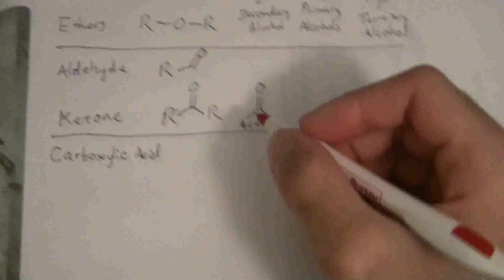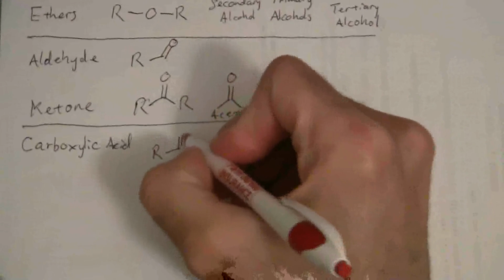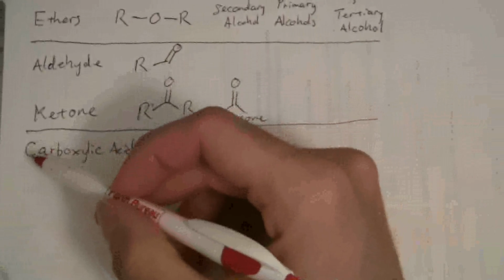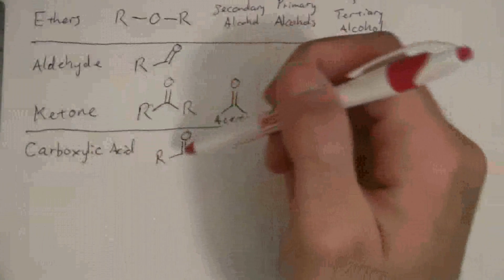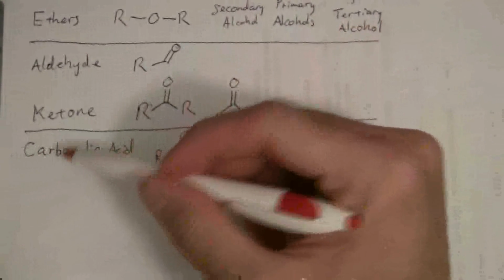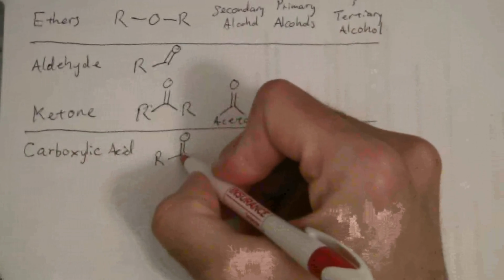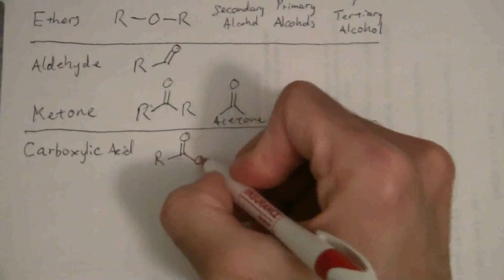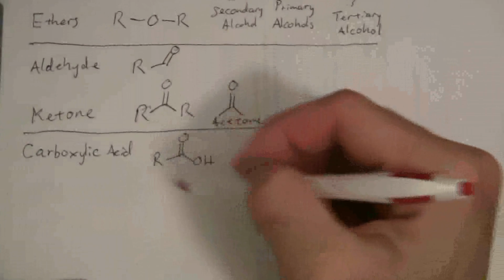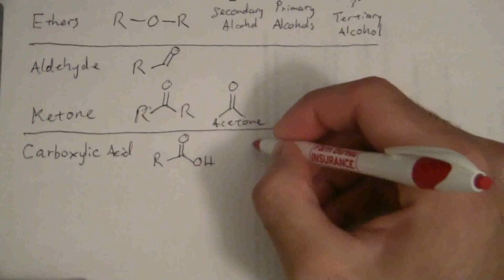And the carboxylic acid has the carbonyl carbon again, but it's a carboxyl. The carboxyl group has the carbonyl and the hydroxyl together. There's my carbonyl, and here's the hydroxyl group. Okay, so that is my carboxyl group.